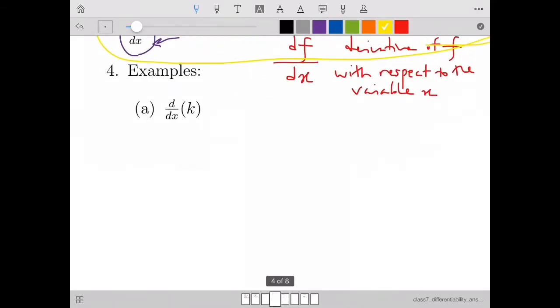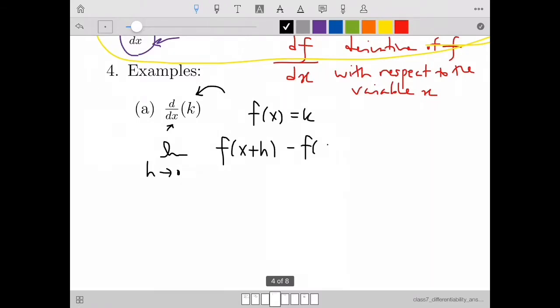For example, d dx of k. So that is the formula, f of x equals k. It is the limit at any x, as h approaches 0, of f of x plus h minus f of x over h. That was the derivative.